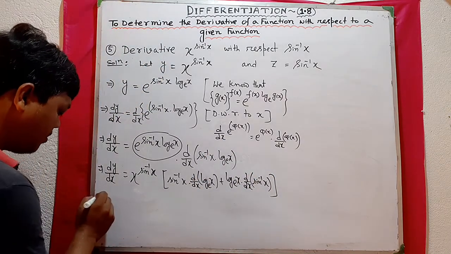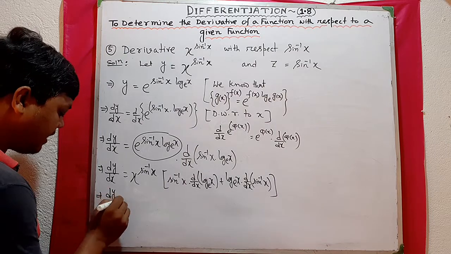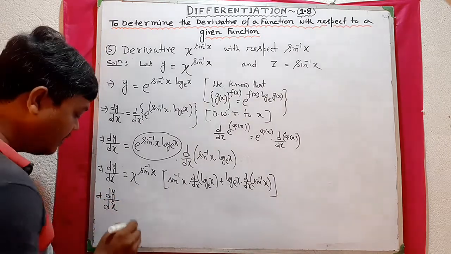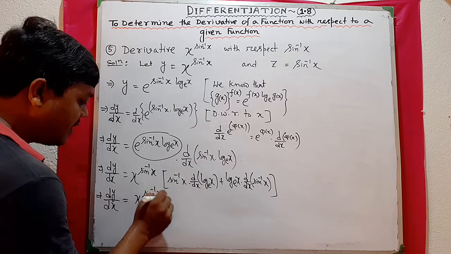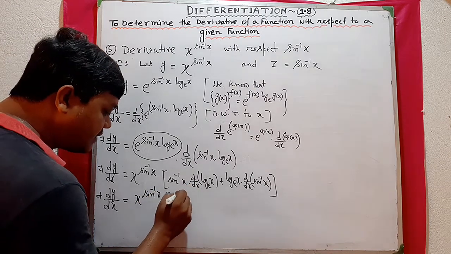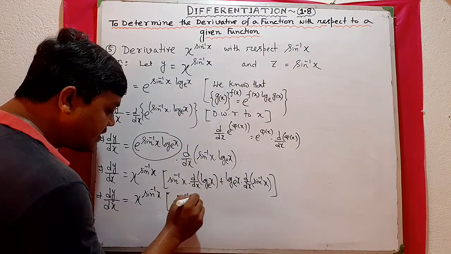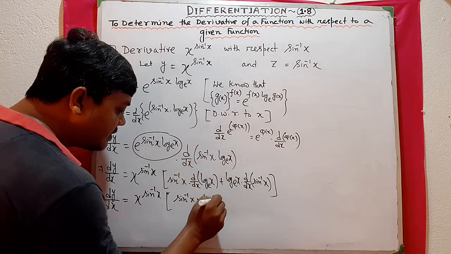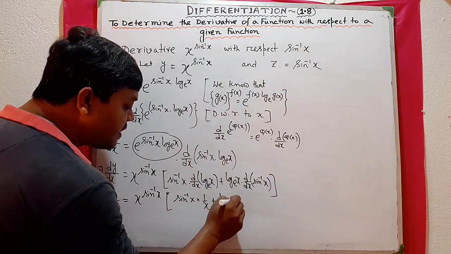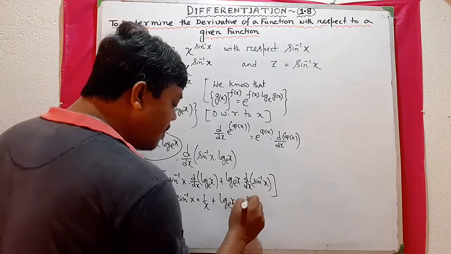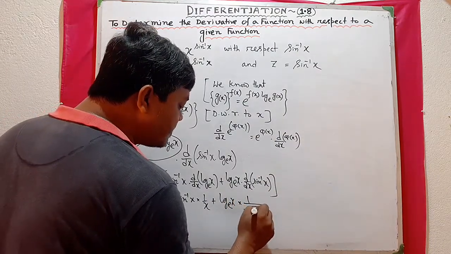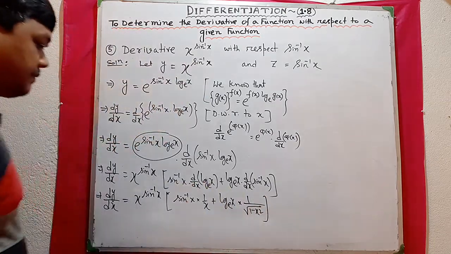So dy dx equals to x sin inverse x. After derivative, this is 1 by x, that is sin inverse x into 1 by x plus log x base e, and sin inverse x এর ডেরিভেটিভ হচ্ছে 1 by square root of 1 minus x square.